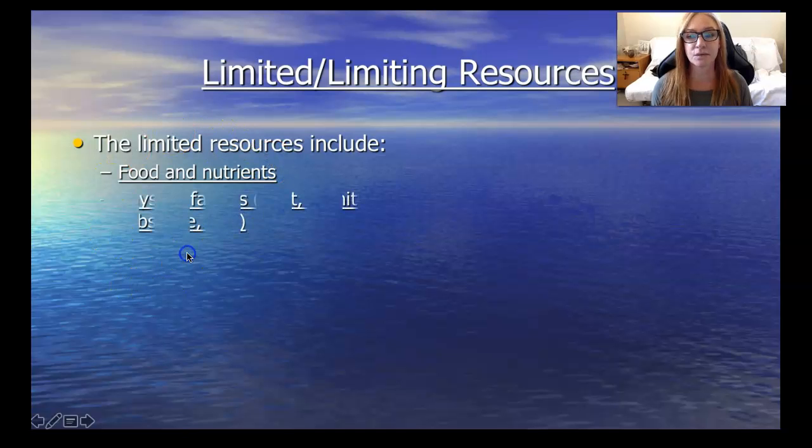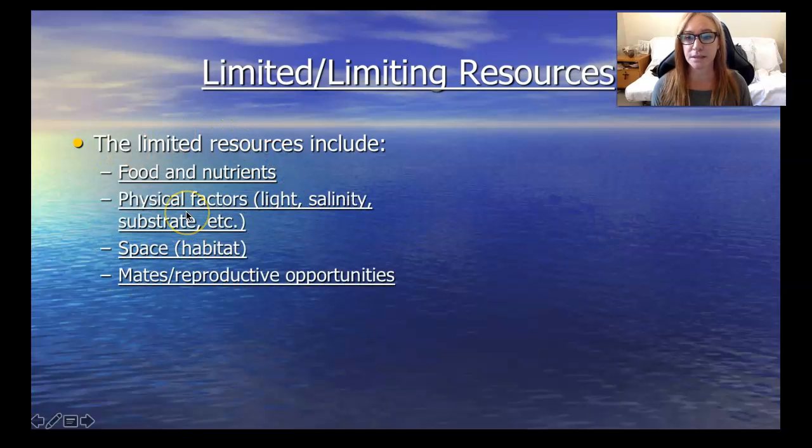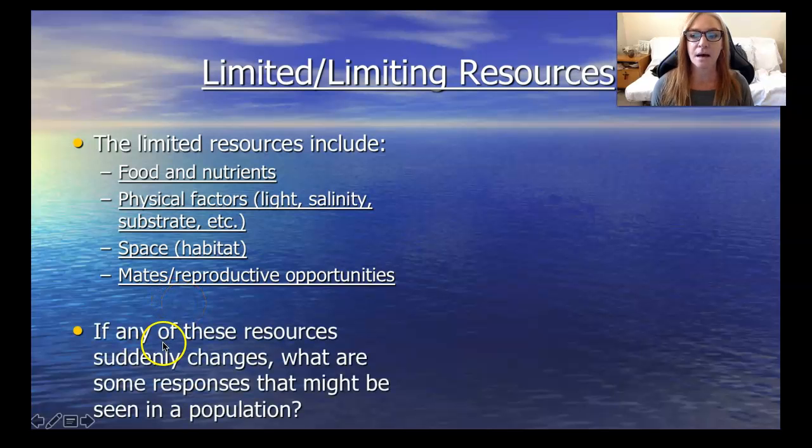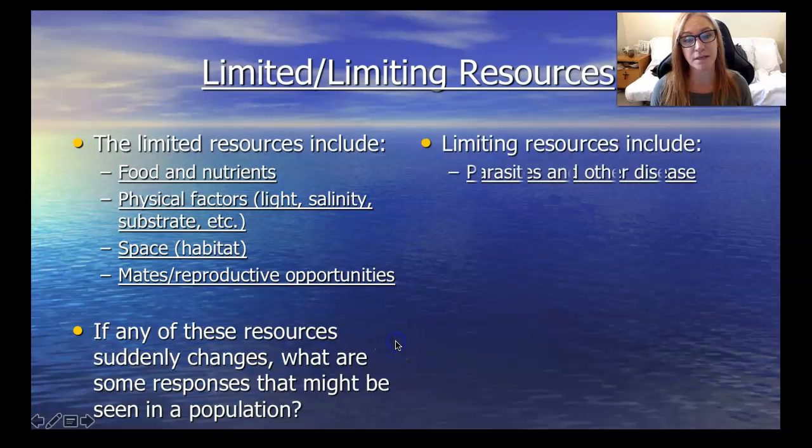Limited resources include food and nutrients, physical factors, space, and mates and reproductive opportunities. There's only so much of these to go around for any population. If any of them changes, there are responses in a population. Limiting resources can include parasites and diseases. These put caps on the size of a population.